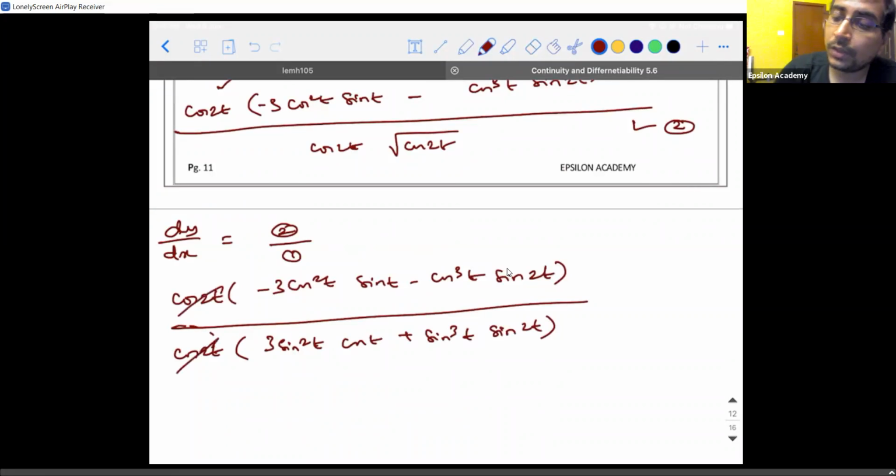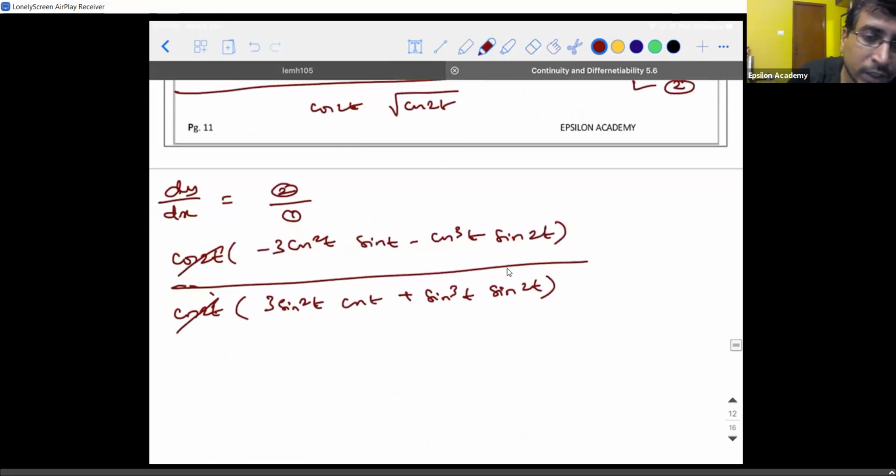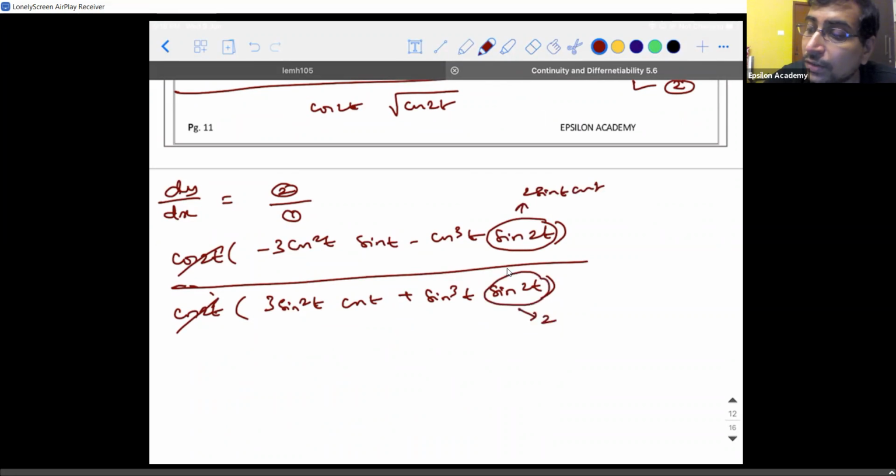So cos 2t will get cancelled. So numerator and denominator, what can I take out common? See, the sin 2t, I can write it as 2 sin t cos t, and this sin 2t, I can write it as 2 sin t cos t. What should I take out common?